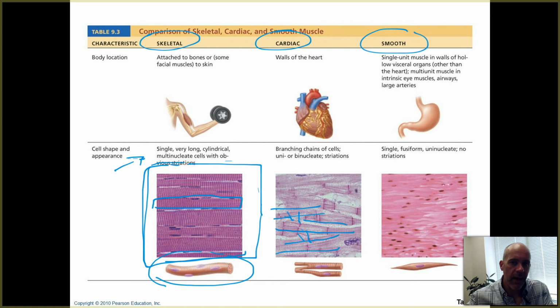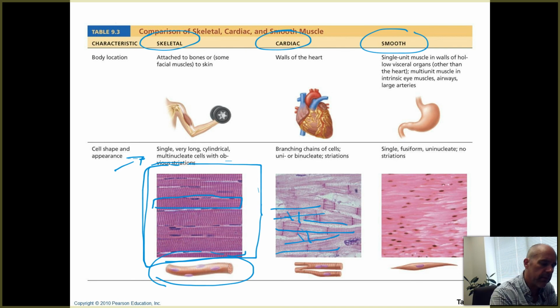And you'll learn in Biology 202 that that's important for the integrity of the heart. You think about your heart, the walls of your heart have to contract and relax and contract and relax and contract and relax for your entire lifetime. So those branches that are connecting the muscle cells or the muscle fibers in there helps keep the heart put together, basically.